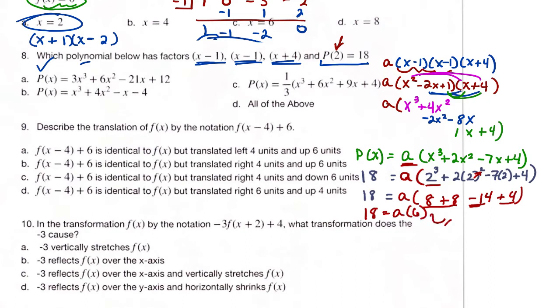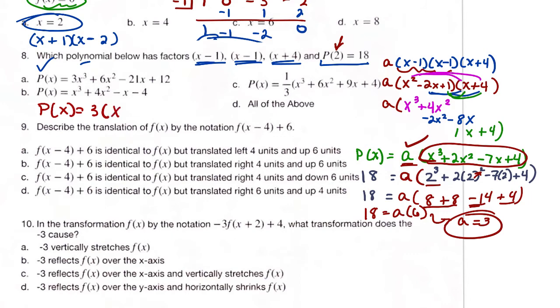So it looks to me like my a is equal to 3. This is why this problem takes a while. So we got p of x equals, we got our a value now. I should put an x in there. p of x is equal to, my a is now 3 times, and this one we had at the very beginning that has the 3 factors in it.